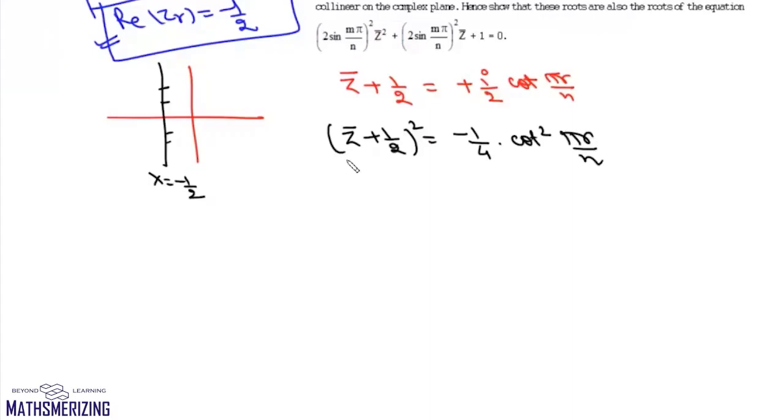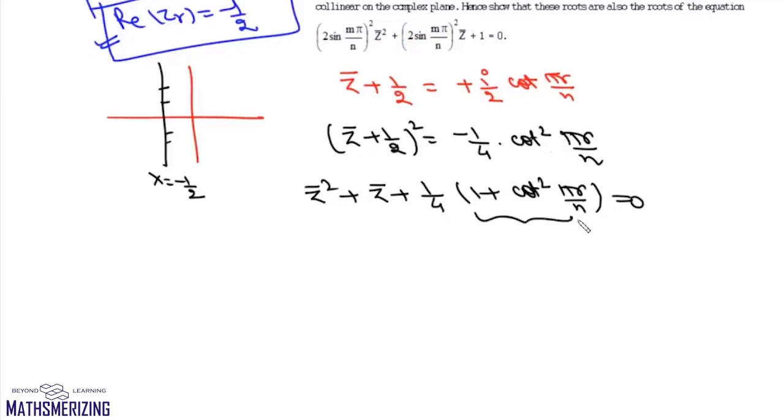Now if we square this left hand side, we'll get z bar square plus z bar plus 1 by 4, and we'll take this also on the left hand side, we'll get 1 plus cot square pi r by n equals 0.